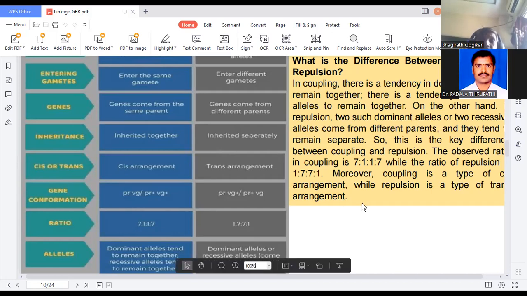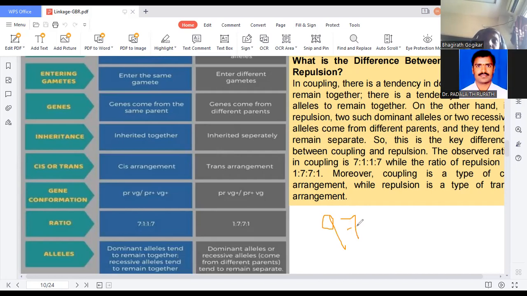Nearly 97% of the parental characters are observed if linkage phenomena is there. 3% of offspring shows non-parental characters. But in the Mendelian ratio, we are getting 9:3:3:1. We are getting 9 + 1, 10 parental characters, 3 + 3, 6 non-parental characters.